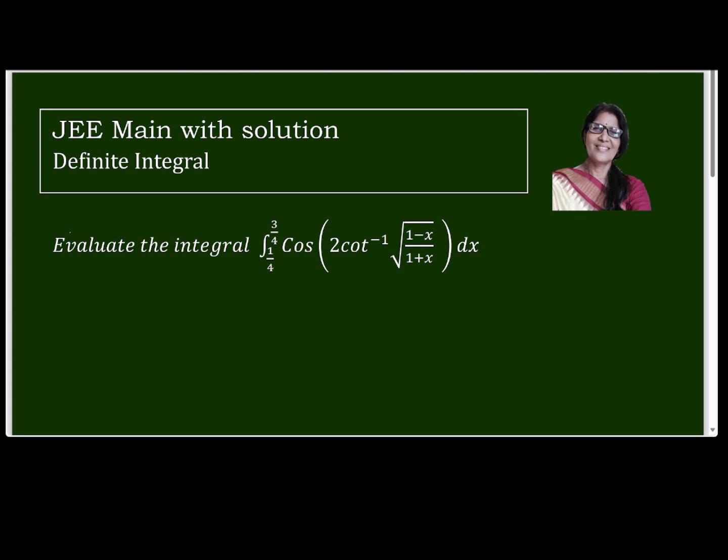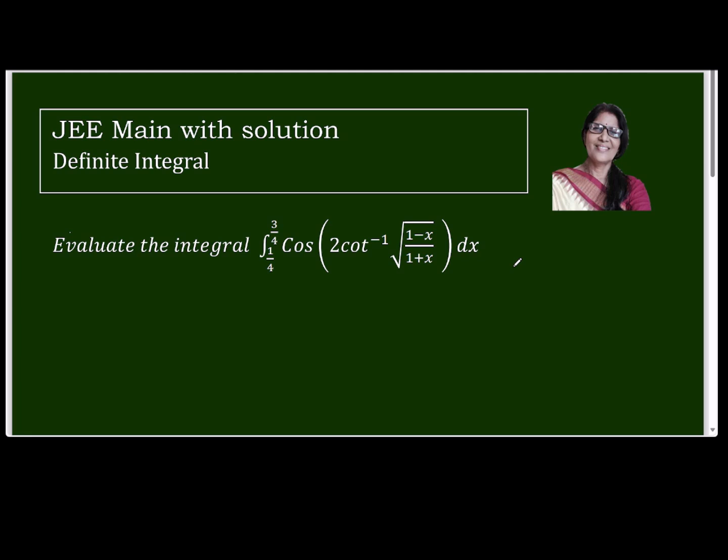Integration. Evaluate the integral from 1 by 4 to 3 by 4 of cos of 2 cot inverse square root of 1 minus x over 1 plus x, whole dx. So this is a very interesting question because, of course, this was an MCQ question, but I have not written the answers here.